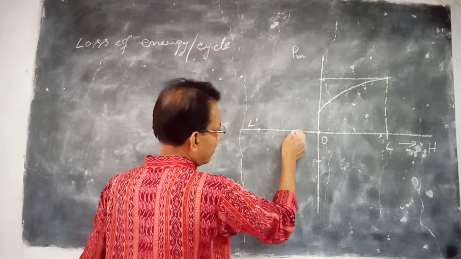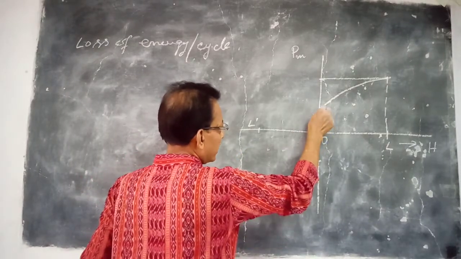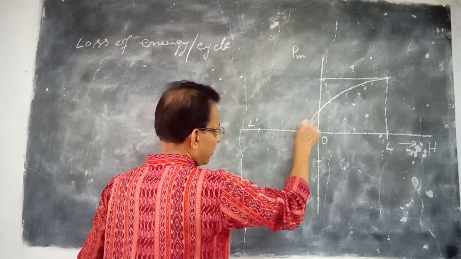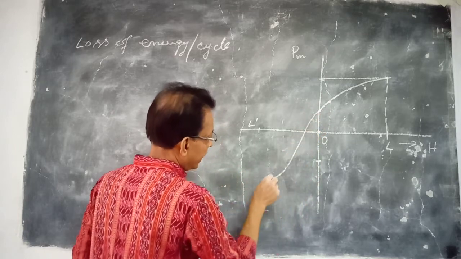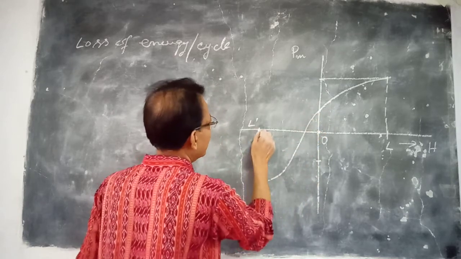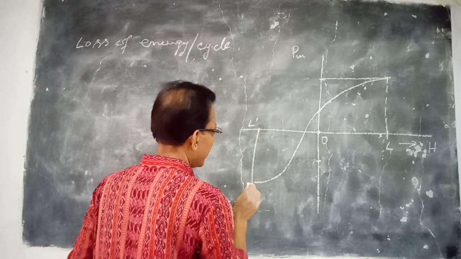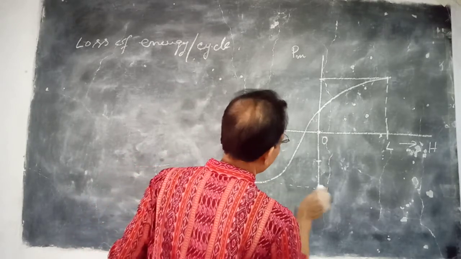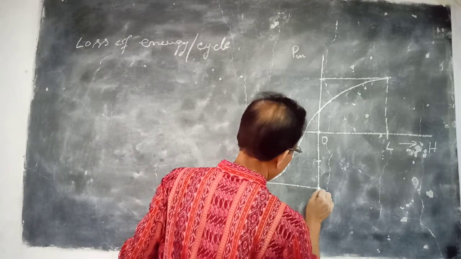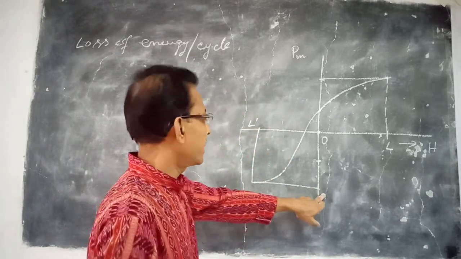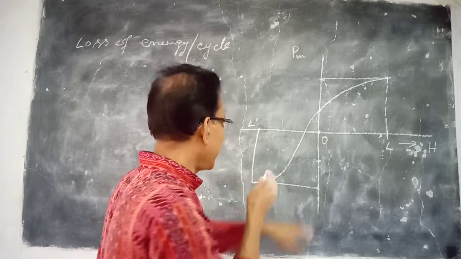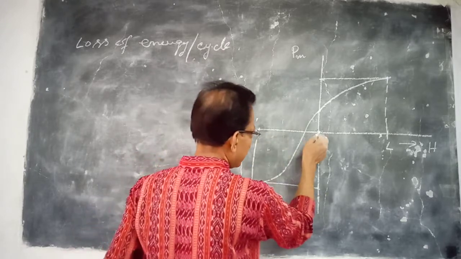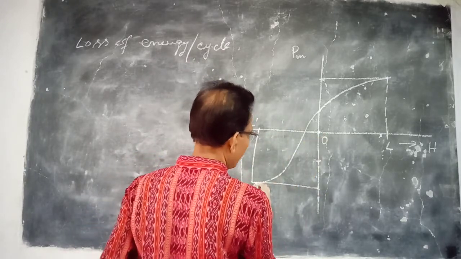So with a certain value of H, the intensity of magnetization becomes 0, and then again this is its maximum value here in the opposite direction. Here the intensity of magnetization. Now again the magnetizing field comes to 0.